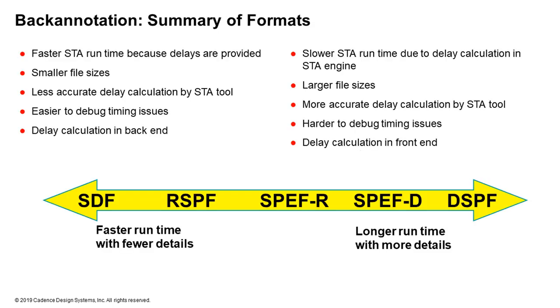Different formats provide different levels of accuracy and run times. Some of the larger file sizes come with longer run times, and therefore it may take more time to generate these files.